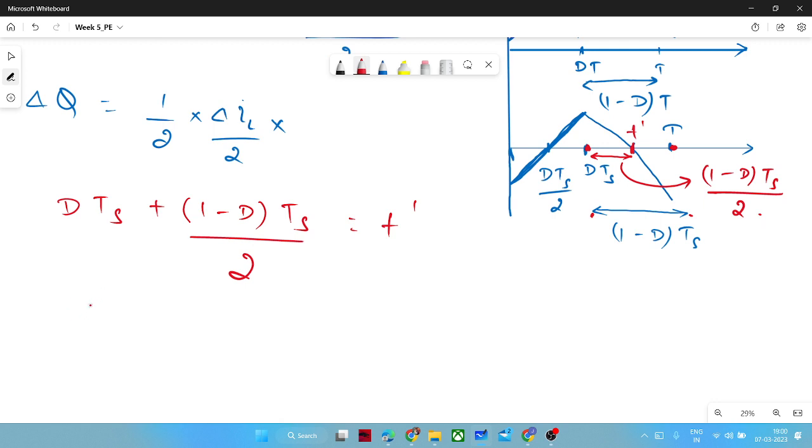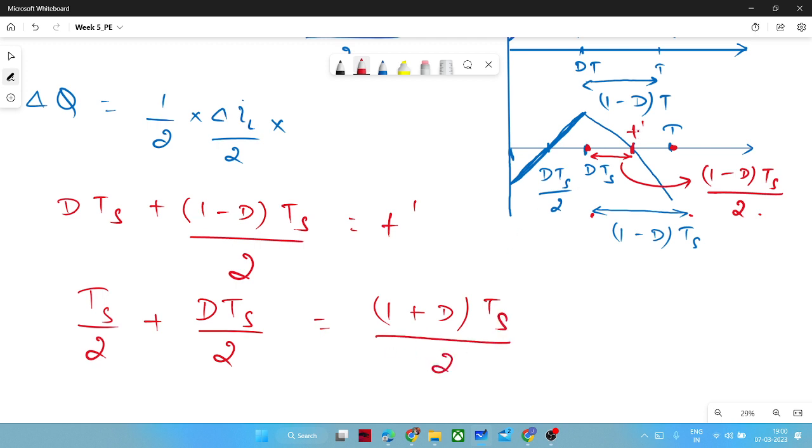And now if I simplify it, it will be ts by 2 plus dts minus dts by 2, so dts by 2. So it is coming out to be (1 plus d) into ts by 2. So this time stamp t dash is now (1 plus d) into ts by 2. Is it fine?